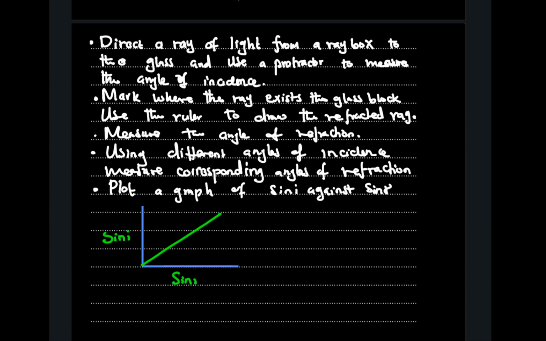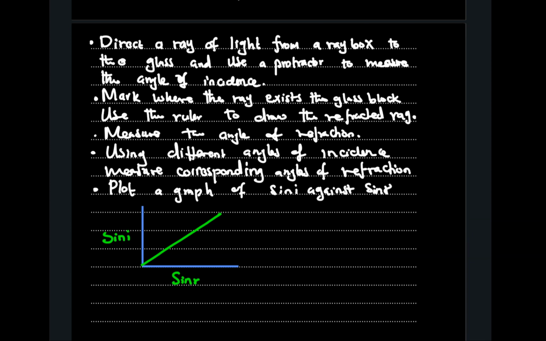If you draw this graph, you're going to get a straight line graph. And I've already mentioned in previous sections that if you have this kind of graph, you can see that the sine of i and the sine of r increase like that. So it means as you increase the angle of incidence, the angle of refraction also increases.